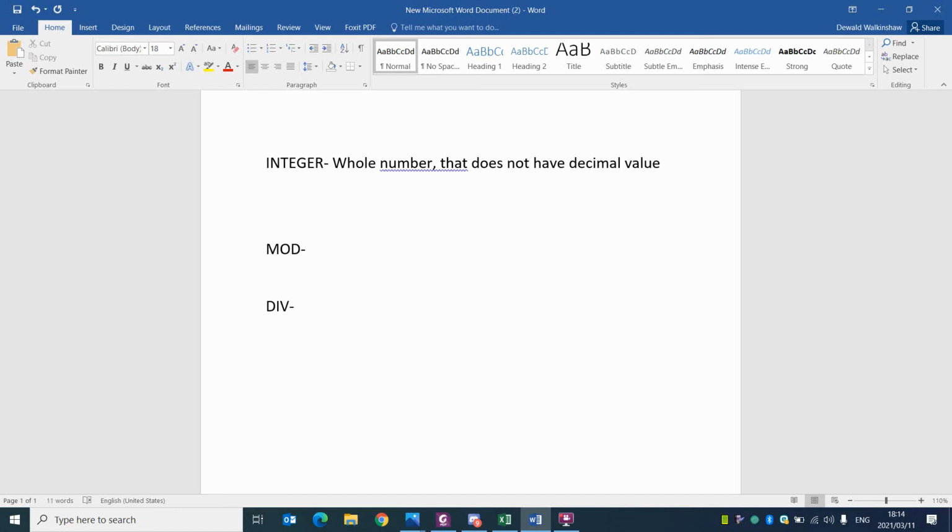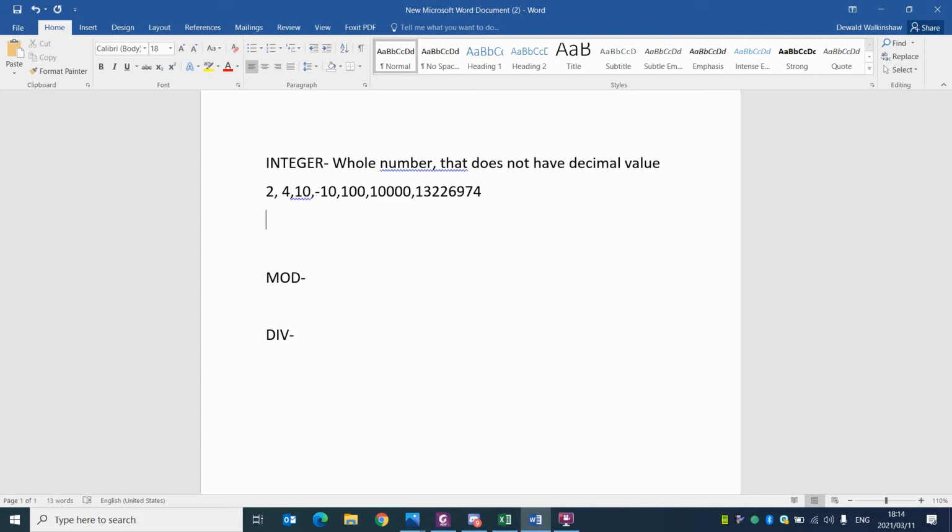So an integer is basically just a whole number. It does not have a decimal value. Examples of integers are 2, 4, 10, -10, 100, 1,000. It can be any whole number that does not have a decimal.